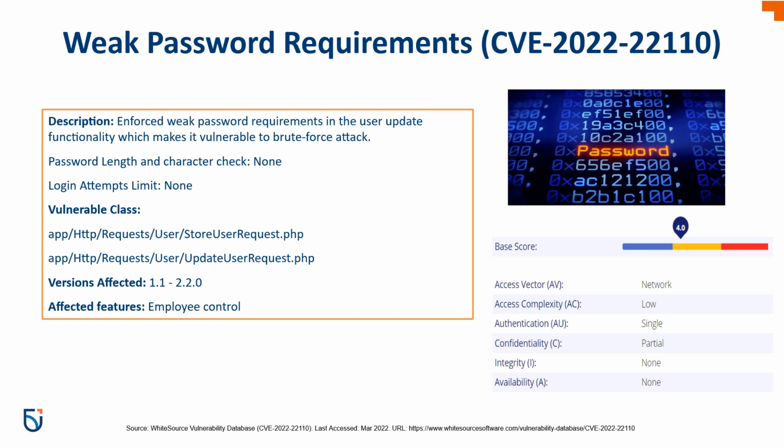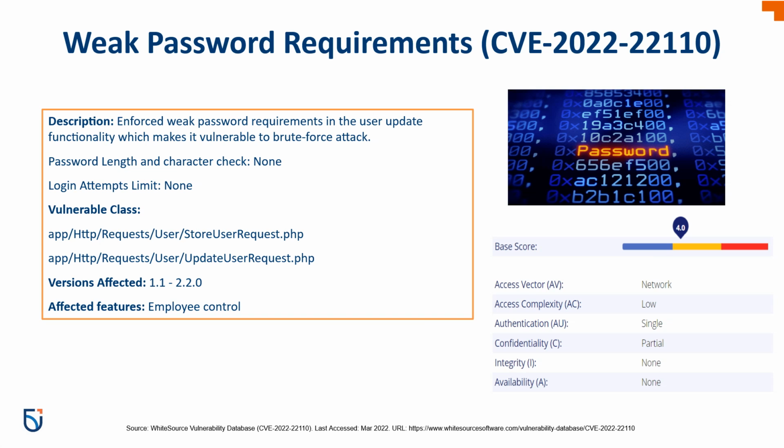You will see that the day-by-day CRM here enforces weak password requirement in the user update functionality, such that a user with privileges to update his password could change it to a weak password with a length of a single character. Hence, the CRM platform does not perform any password length or strength validation when changing a password. So this may allow an attacker to break a user's password with minimal to no computational effort.